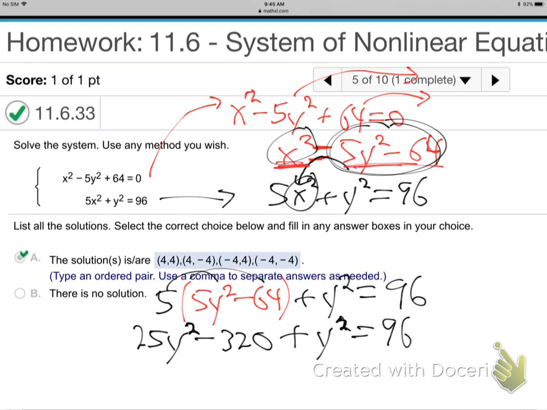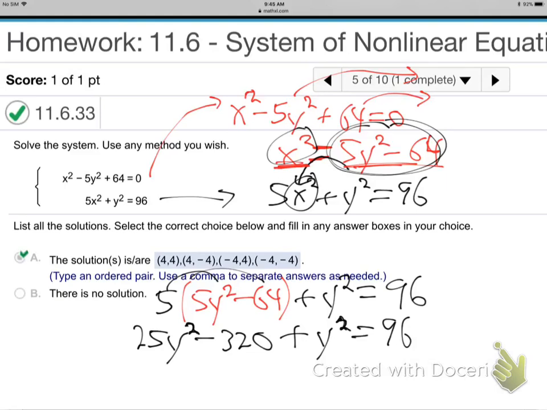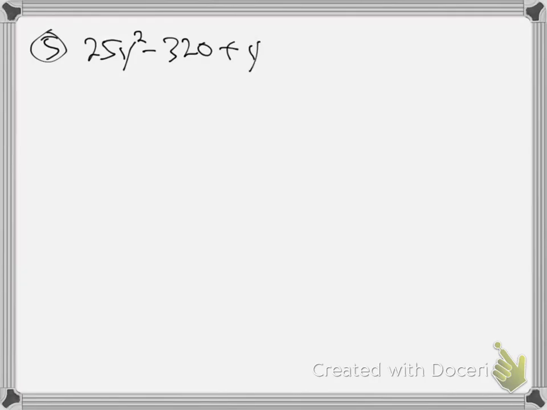You get that? Okay, so 25y squared minus 320. So gather like terms. 25y squared and one more y squared is 26y squared.